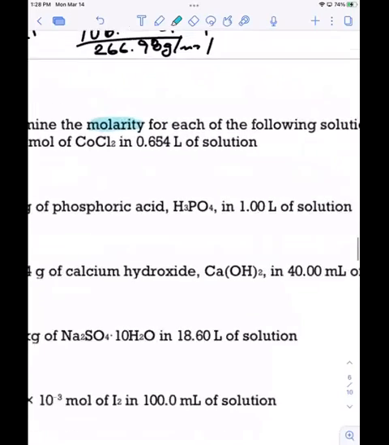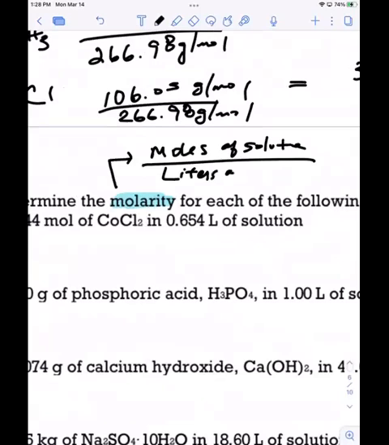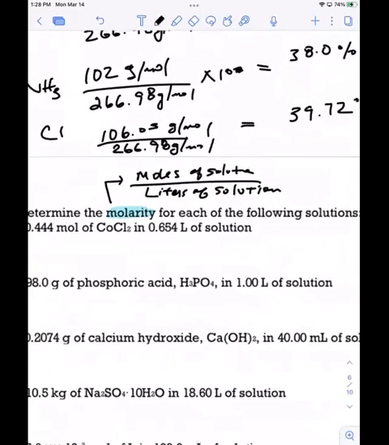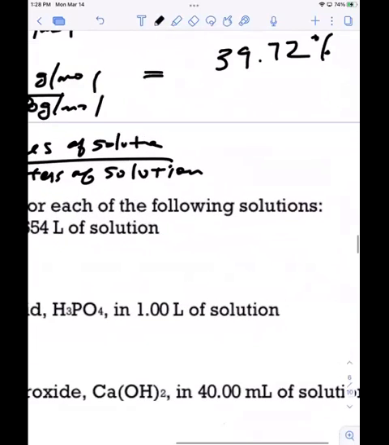So again, let me just give the definition. I just want to zoom in on that. Molarity is based on moles of solute divided by liters of solution. Knowing that, this is basically moles per unit volume.